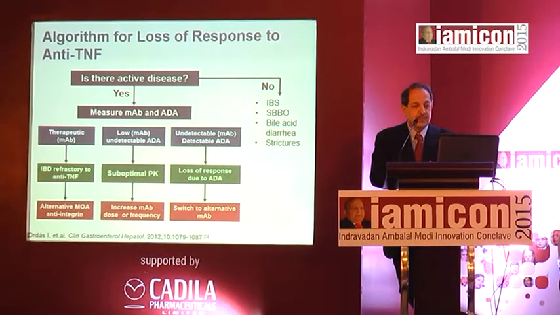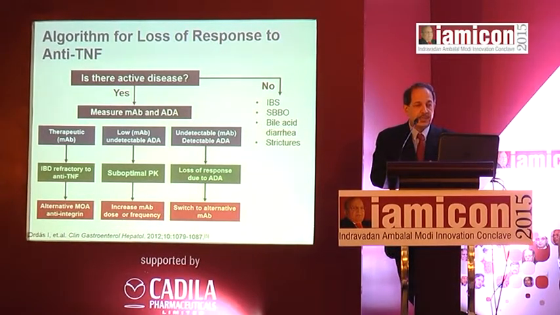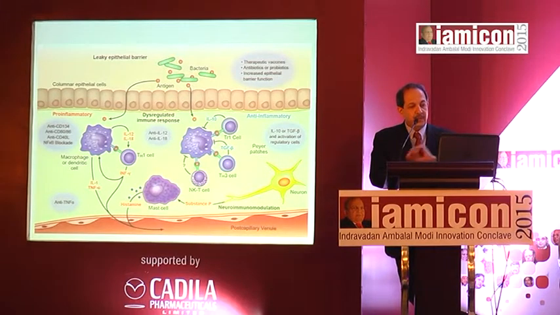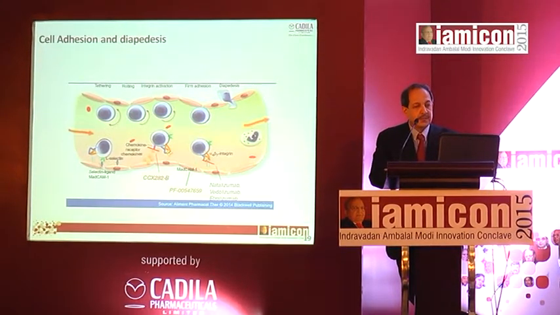One of the options is you can switch to another anti-TNF agent, or you can switch to a newer modality of treatment. Like I said some time back, consider how the lymphocytes migrate.